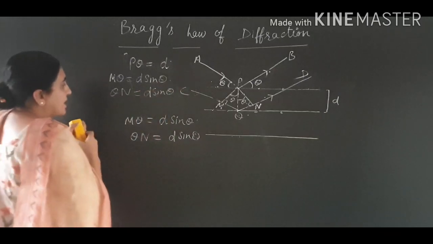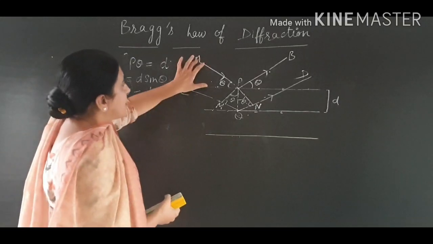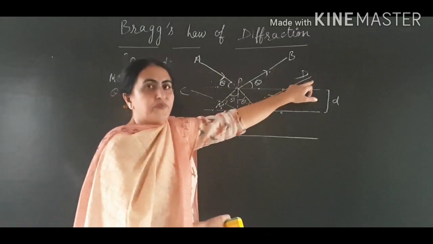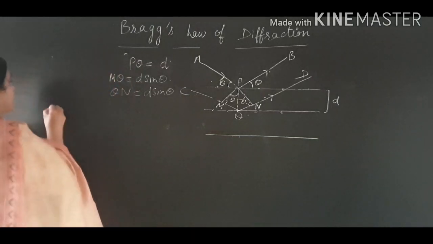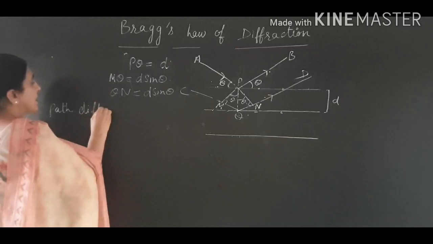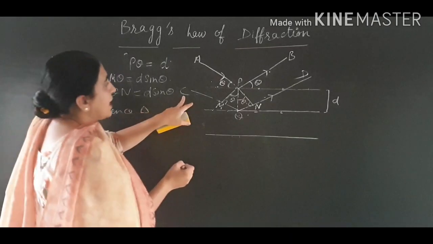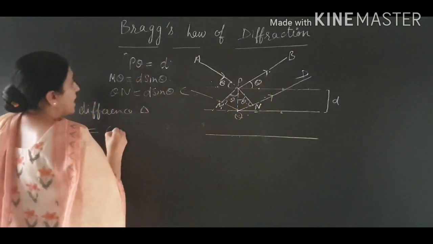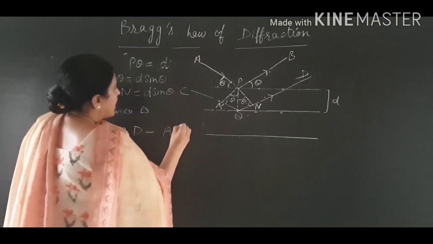Now what is the path difference between these two rays, APB and CQD? We take delta as CQD minus APB.